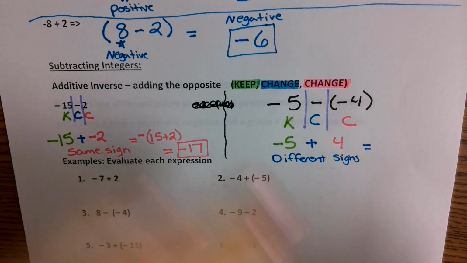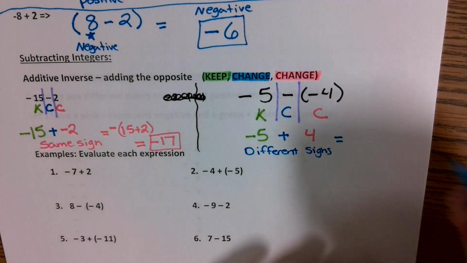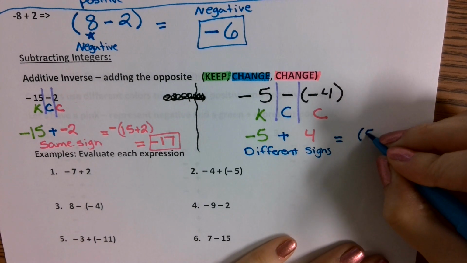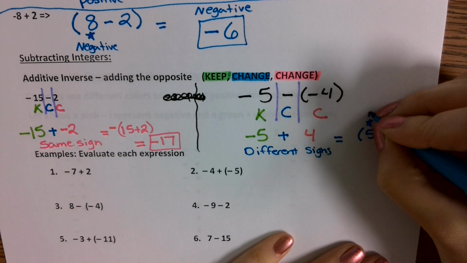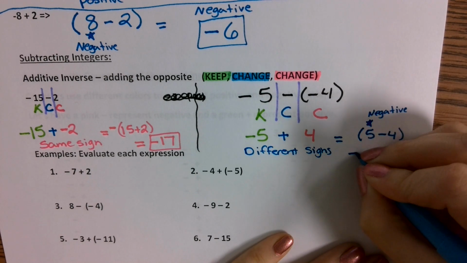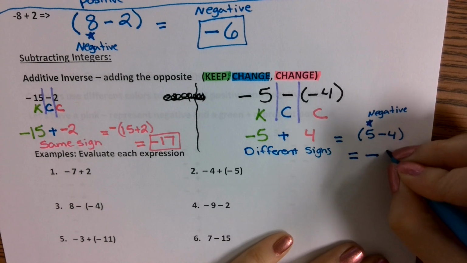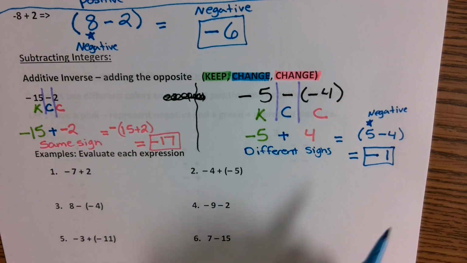Which base is largest? 5 or 4? 5. So we're going to do 5 minus 4, and the 5 is the larger base, which happened to be a negative. So that means my answer is going to be a negative 1, because 5 minus 4 is 1. So I get a negative 1 as my answer.